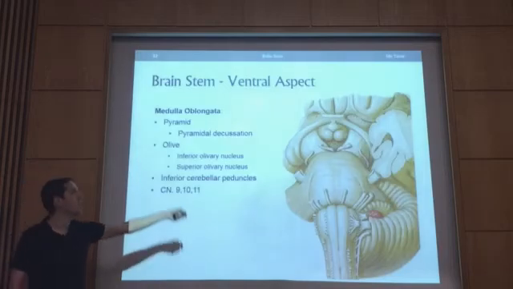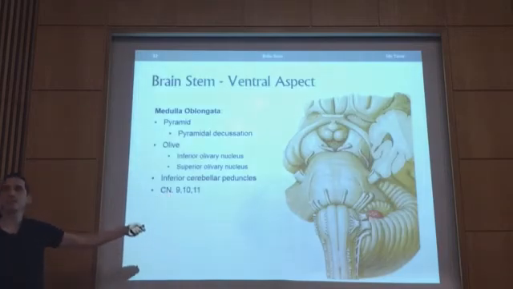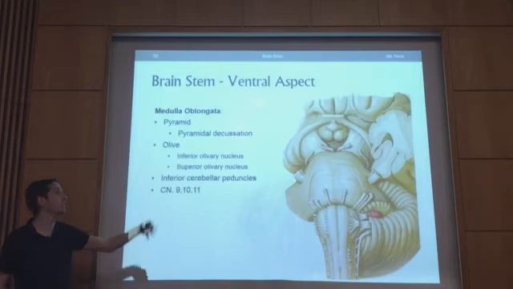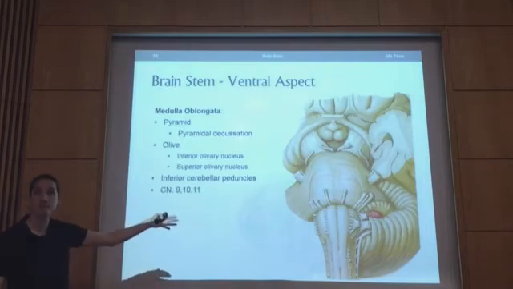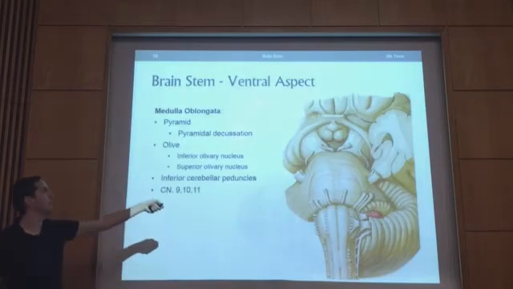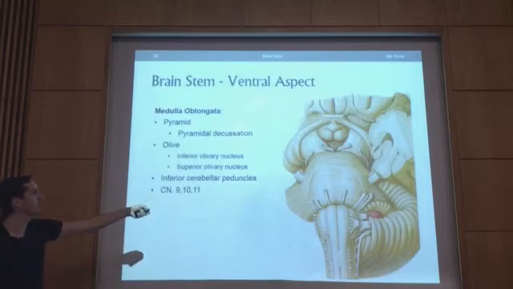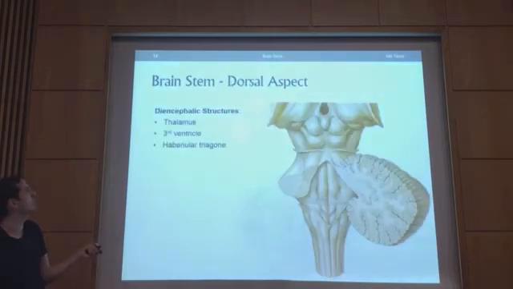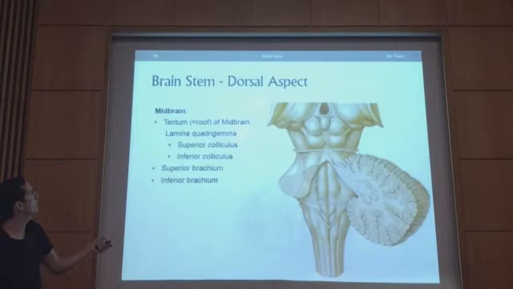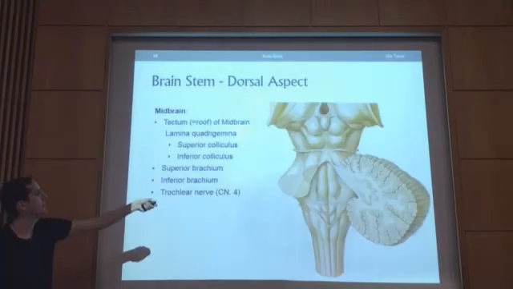Actually, all of these cranial nerves are visible only from the ventral aspect, except one, the fourth cranial nerve, the trochlear. The fourth cranial nerve leaves the brainstem from the dorsal aspect. This is the only one that does that. And this is why we can see it in here.